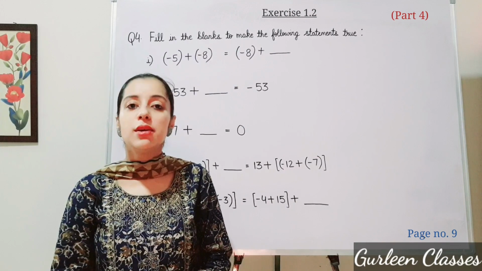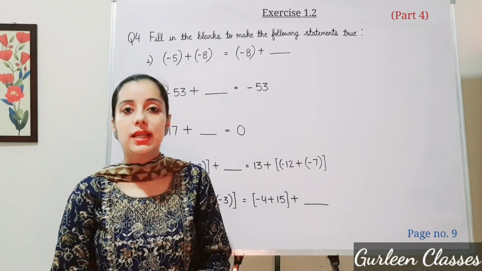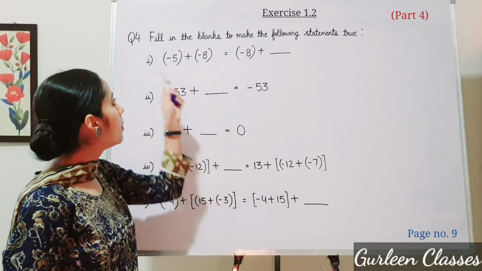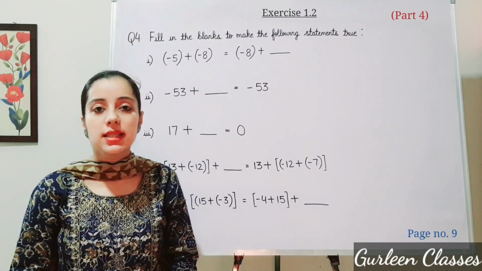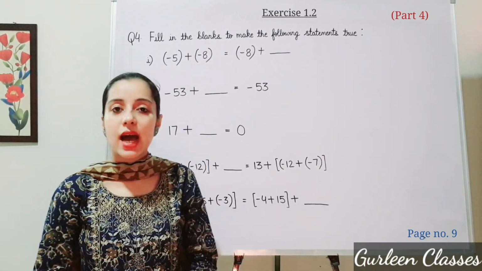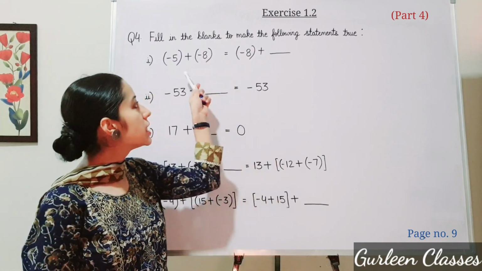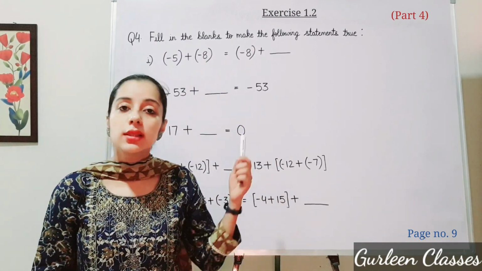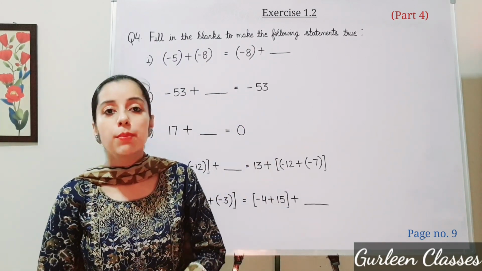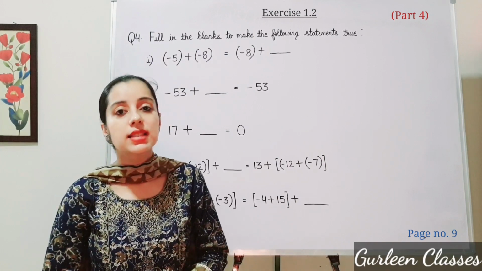Question number 4. Fill in the blanks to make the following statements true. A part, -5 plus -8 is equal to -8 plus dash. Both the sides, LHS and RHS, should be equal. So these fill in the blanks are based on properties of addition and subtraction.